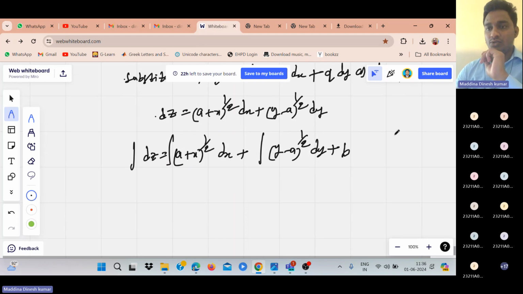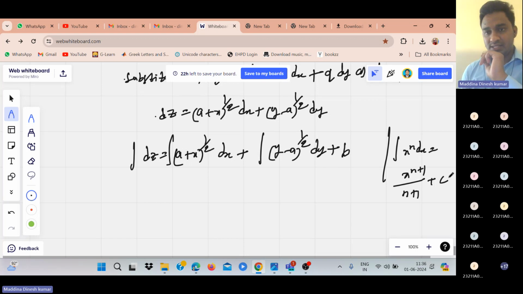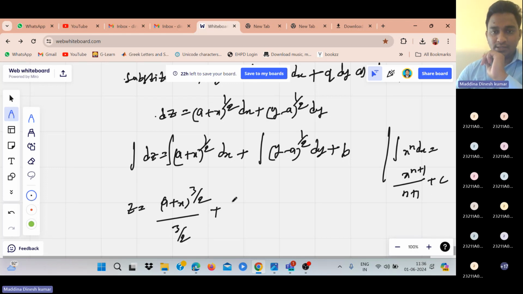Now here we are going to use the formula integral of x to the power of n dx equal to x to the power of n plus 1 by n plus 1 plus c. Okay. Here integral dz means you will get z equal to a plus x whole power 3 by 2 by 3 by 2 plus y minus a whole power 3 by 2 by 3 by 2 plus b.